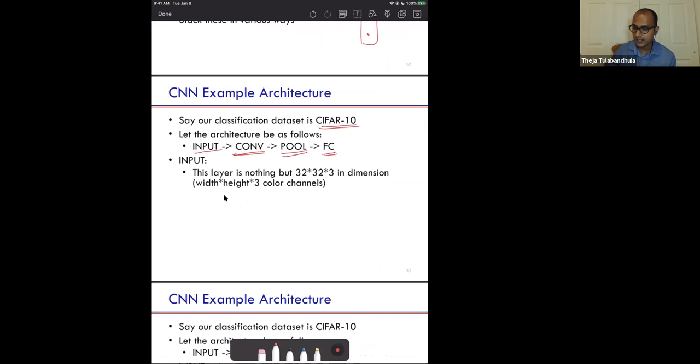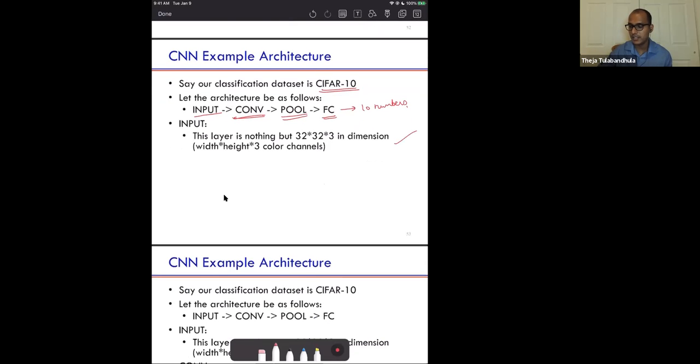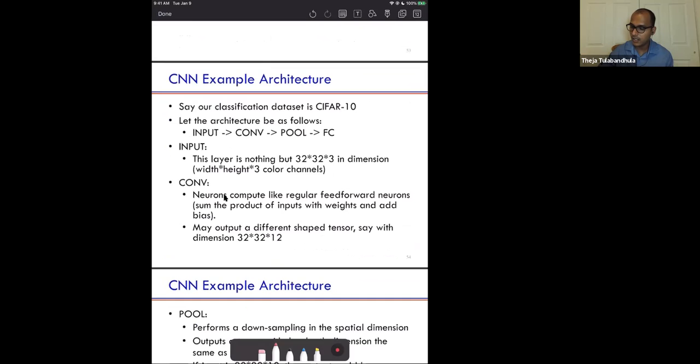Next, let's have a fully connected layer. And that will produce the 10 numbers, which are going to be the 10 scores. Okay, so the input layer we already know, it's just the image. Next, the conv layer. The conv layer will also have neurons, just like a feedforward network's layer, but they will produce a tensor as the output.